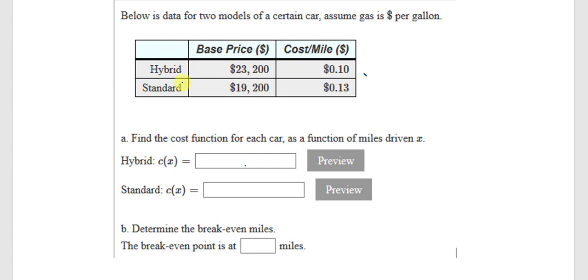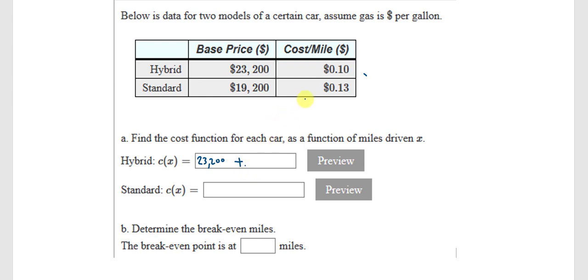Remember that for each car, for example the hybrid one, the cost is equal to the base price. This is the price that you have to pay for the car, so it should be 23,200. This is the fixed price. You have to pay for the car first before you can use it.